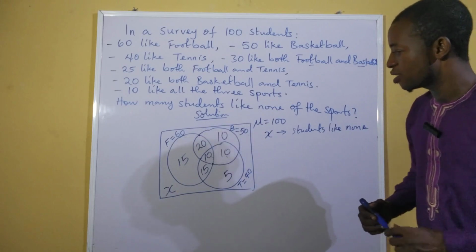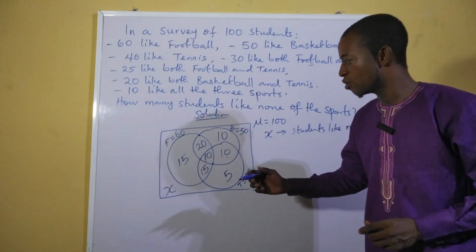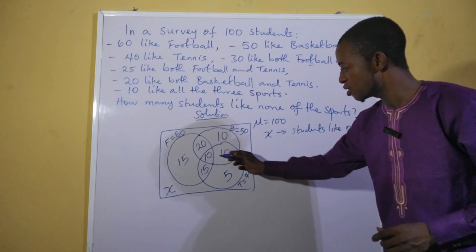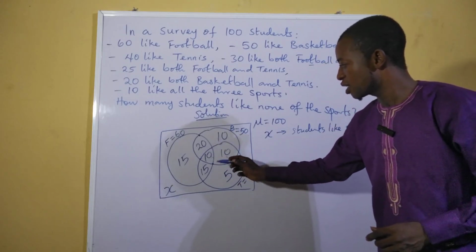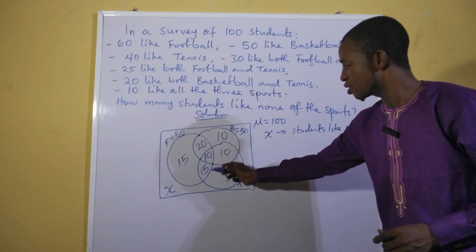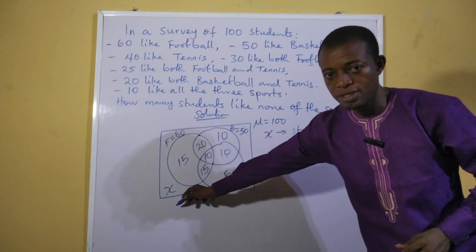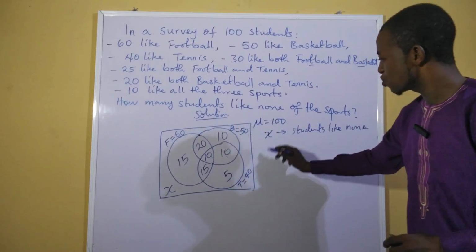It implies we are going to add all these numbers we are having, which is 1, 2, 3, 4, 5, 6, 7, seven of them, plus X, and everything must sum up to 100.